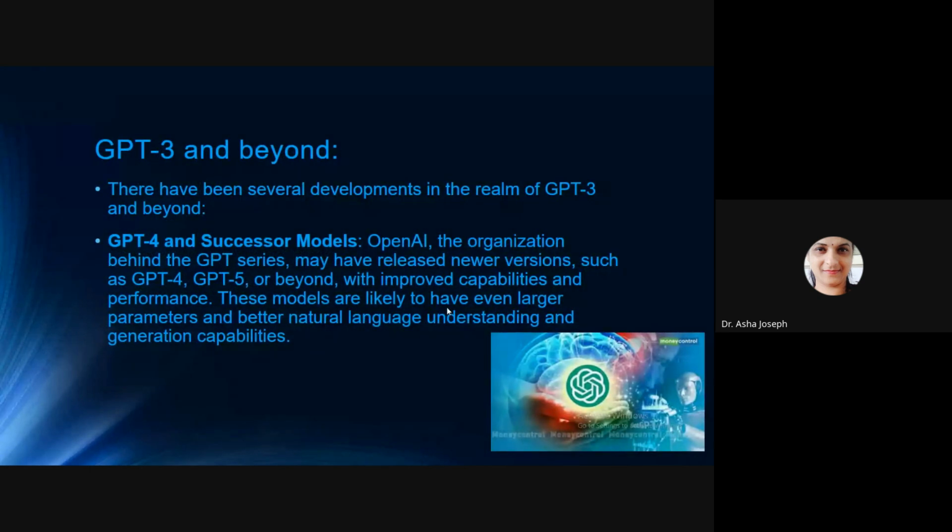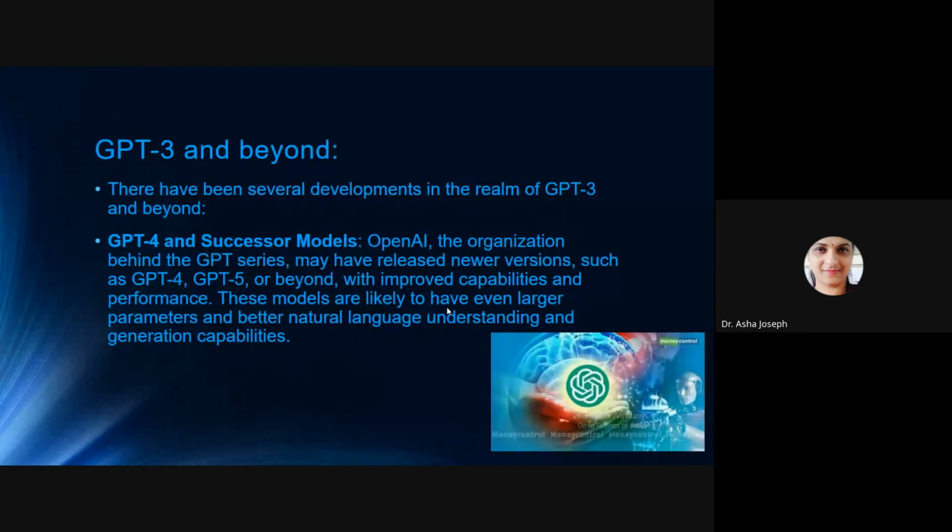So let us see what is ChatGPT-3 and beyond. There have been several developments in the realm of GPT-3 and beyond. These are the successor models I was mentioning, GPT-4 and so on. OpenAI, the organization behind the GPT series, might have already released the new versions GPT-4 and GPT-5 or anything beyond, having improved capabilities and performance.